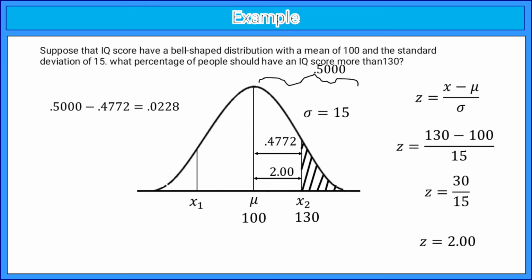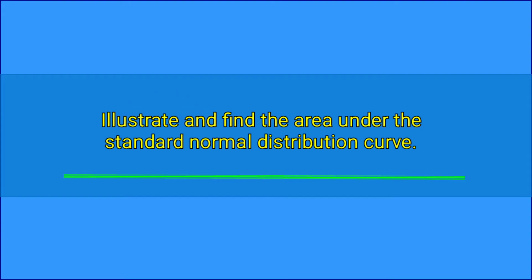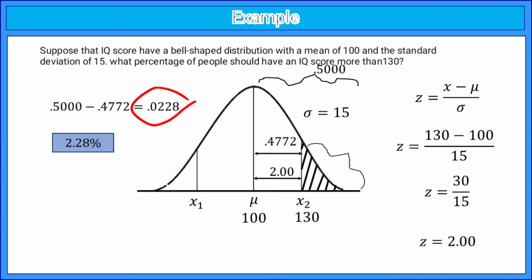So 0.5 minus 0.4772 is equal to 0.0228. It means that 0.0228 is the value of this portion. That's what we are looking for, the score more than 130. Then just move the decimal point 2 times to the right. So we have the final answer, which is 2.28%. So don't be confused regarding the problem.